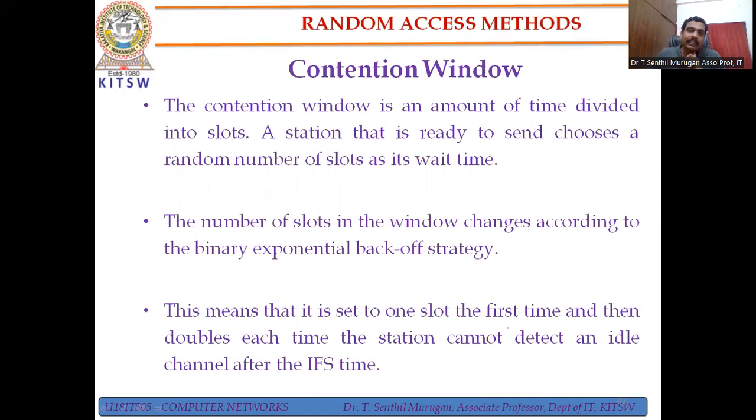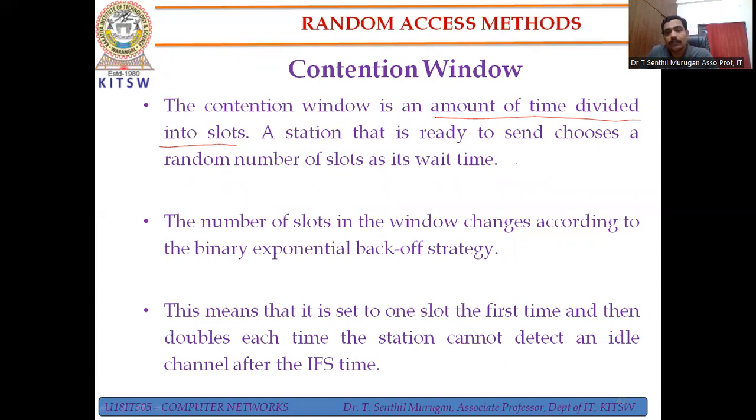The second method is contention window. What is contention window? The amount of time is divided into slots. Like that, the entire time will be divided into slots. A station that is ready to send chooses a random number of slots as its wait time.